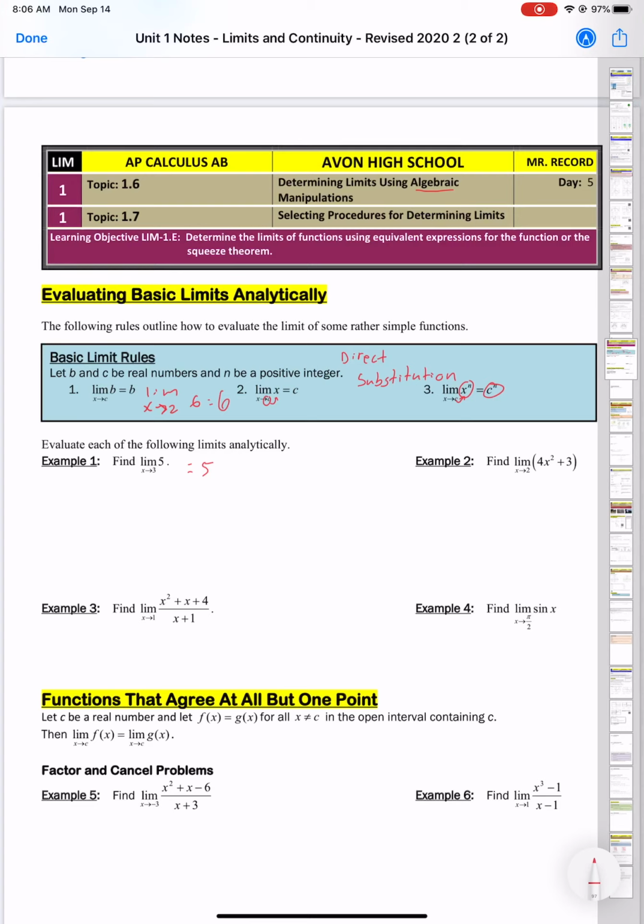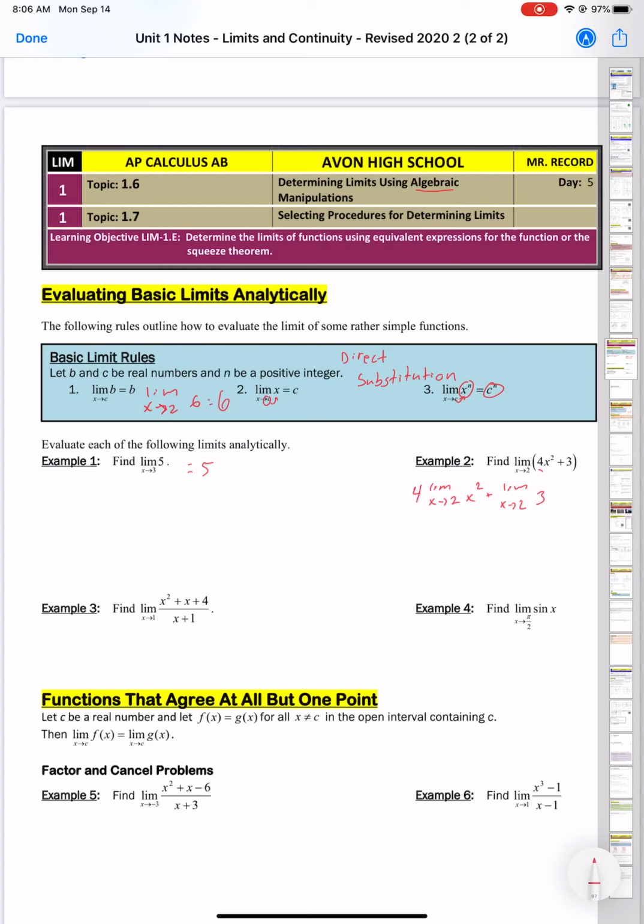On example 2, we're finding the limit as x approaches 2 of 4x squared plus 3. Now, we could use a lot of limit properties here. I could use the scalar multiple property and the sum property to rewrite this as 4 times the limit as x approaches 2 of x squared plus the limit as x approaches 2 of 3.